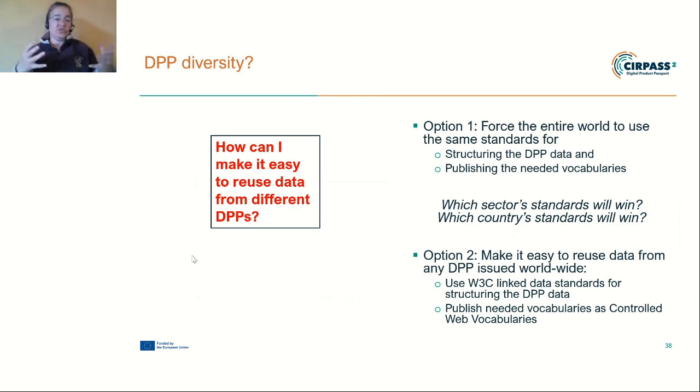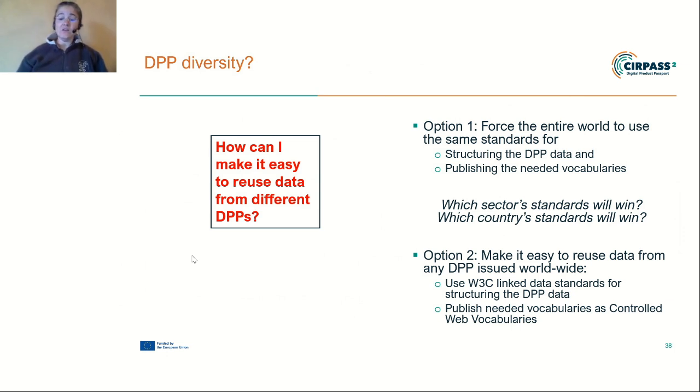I have two options. Basically, I can force the entire world to use the same standards to structure the data and publish the required dictionaries. The question will be, of course, which sector standards will win and which country's standards will win. So basically, this is a global standardization war. It's not very fun.